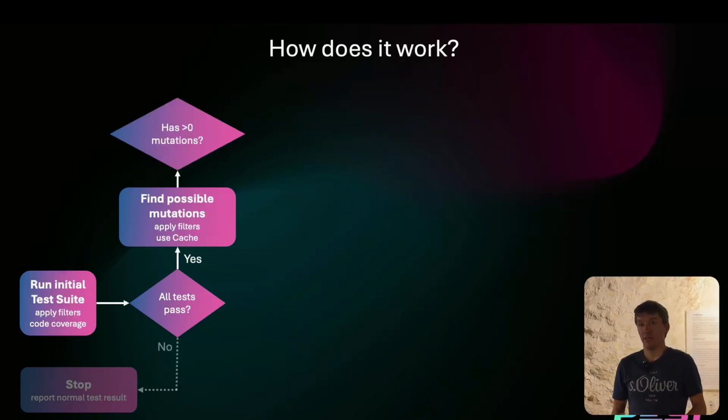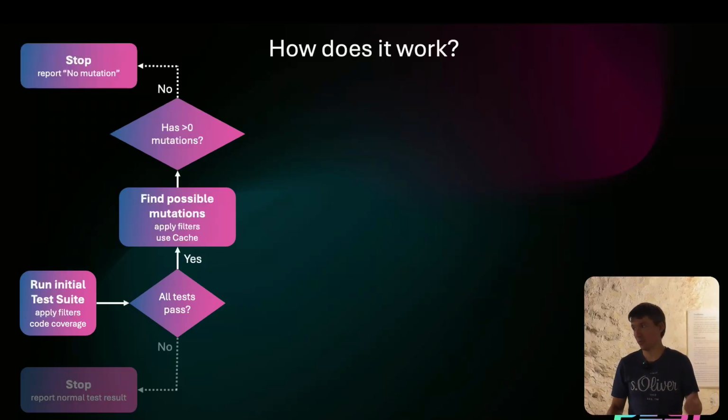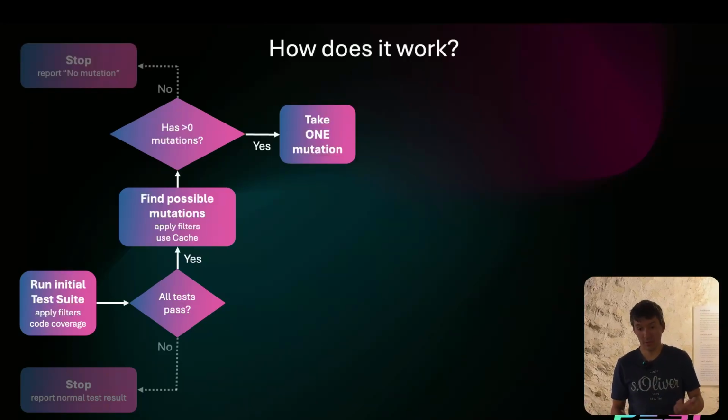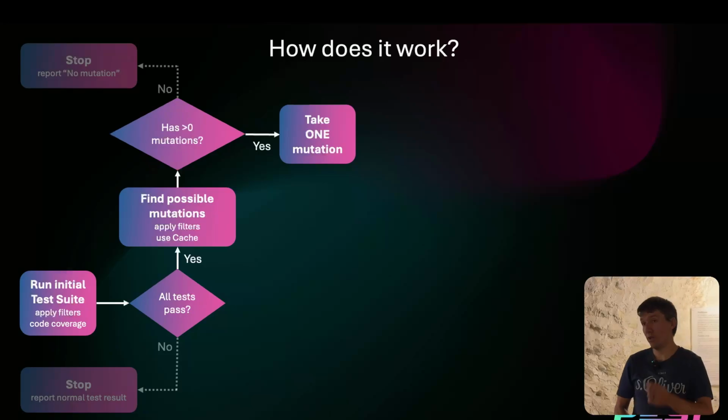And then it checks if it was able to perform at least one mutation in your application code. If not, it stops and tells you that it was not able to find any possible mutations. But normally it does, and then it takes one of the mutations it found, not all of them, only one.